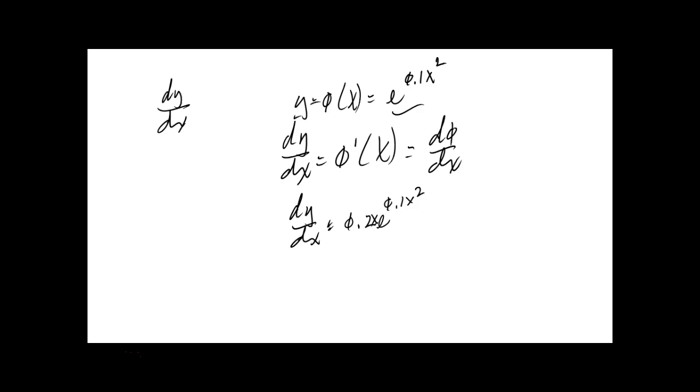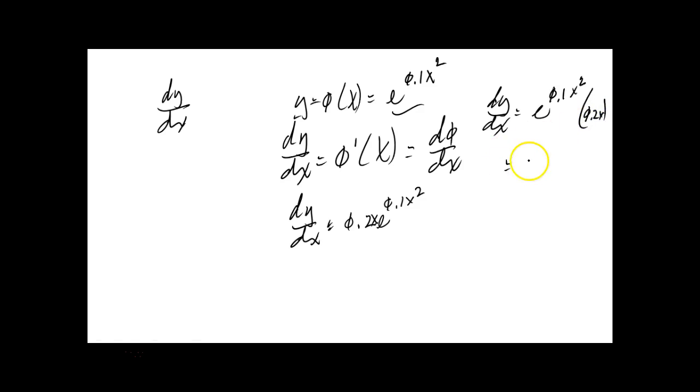Now, I guess I'm really old school. What I would have done with that was take the derivative of the main function, which would have been dy dx. The derivative of an exponential function is itself, e to the 0.1 x squared, times, chain rule then says take the derivative of the inner part, and that would have been the 0.2 x.